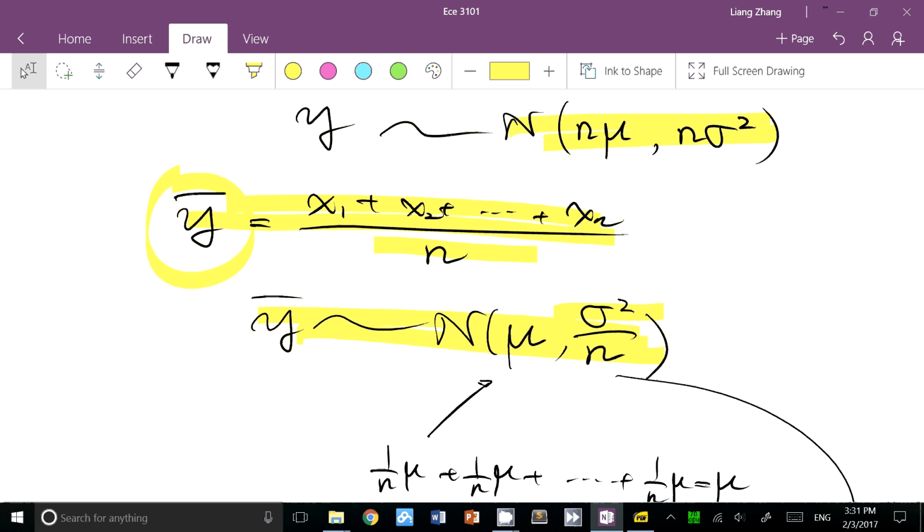As long as you're taking the summation or the average of a sufficiently large number of random variables, you only need to do normal distribution calculation, as we have seen here. This is a very important property.